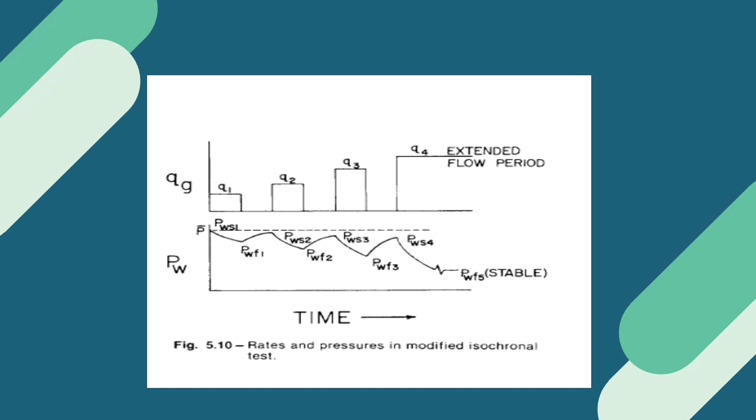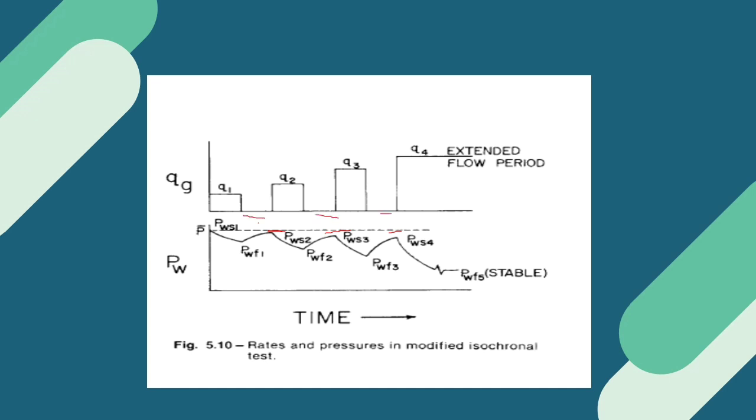As you can see here, the bottom hole flowing pressure is not allowed to reach back to the PR value. This is the PR line, and in the isochronal test we did not have this gap. In those gaps we allowed the well to come back to the PR value, and then it would start to flow again. But in this we have a fixed shut-in period, the same length for each shut-in, as you can see from here.